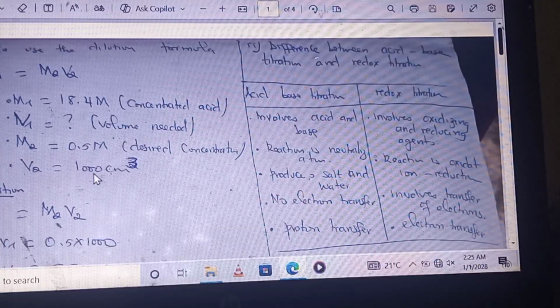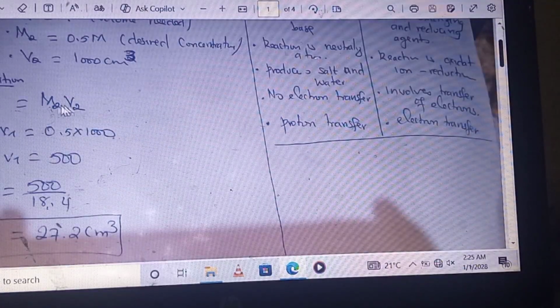Volume 2 is 1000 centimeter cube. We are asked to calculate the volume needed as V1. We use this formula and put in the values for molarity 1, molarity 2, and volume 2, and calculate V1. You see that V1 is equal to 27.2 centimeter cube.